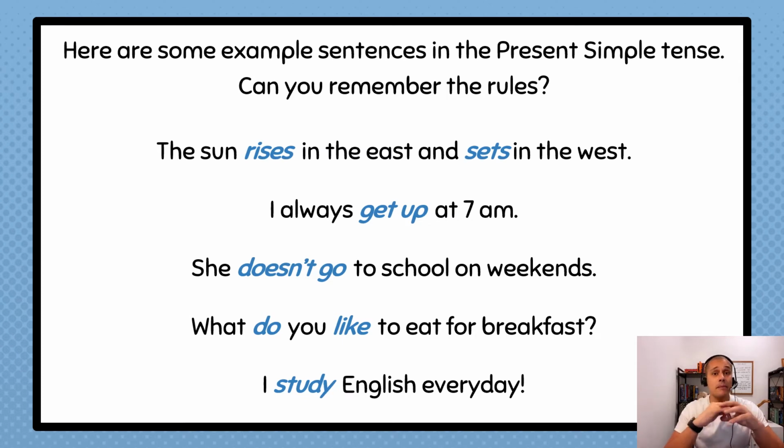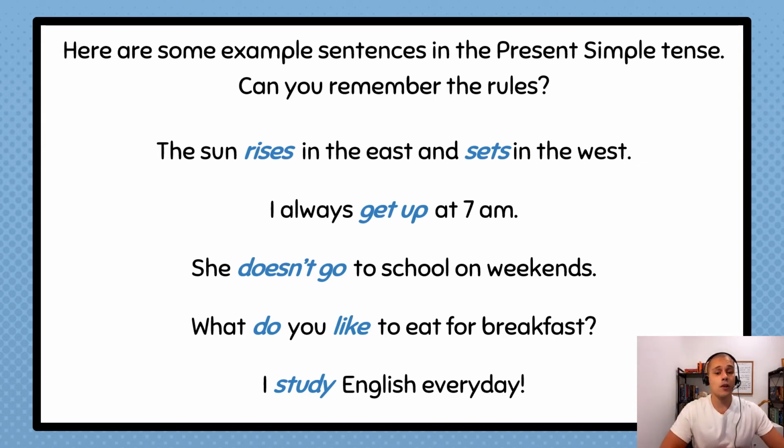When we are talking about negative sentences, therefore, you're going to have don't or doesn't. And we're going to use do or does also in questions. Don't forget about that.